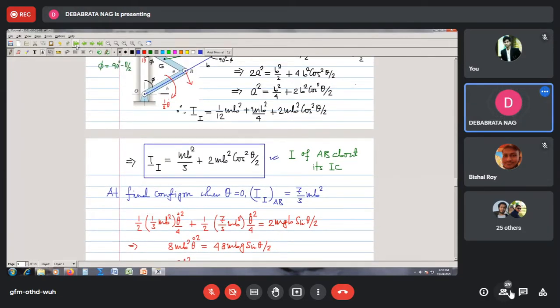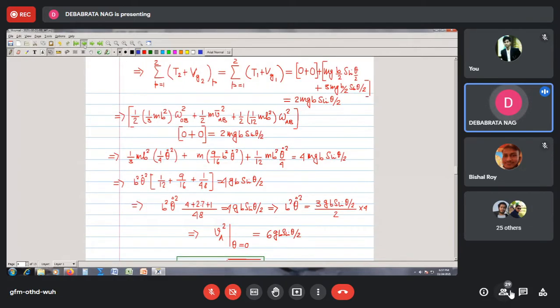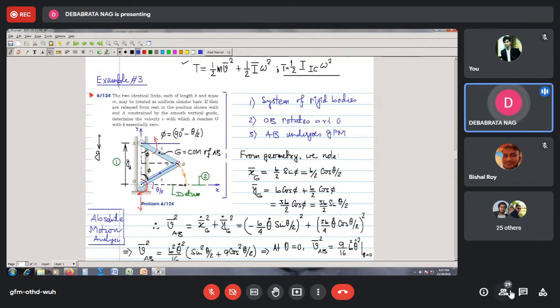He has told you that the final position is theta equal to 0, but if someone tricky wants to ask the question, he can say that it was in an arbitrary configuration at theta, okay, now the entire mechanism is released from the condition of rest, calculate the velocity of the point A when theta becomes equal to theta by 2.